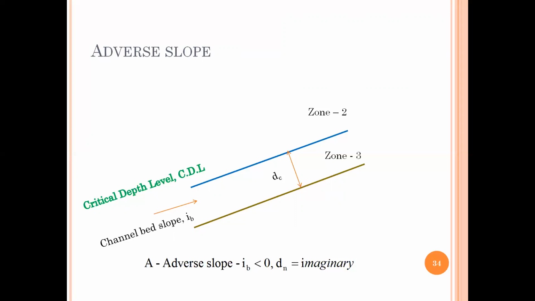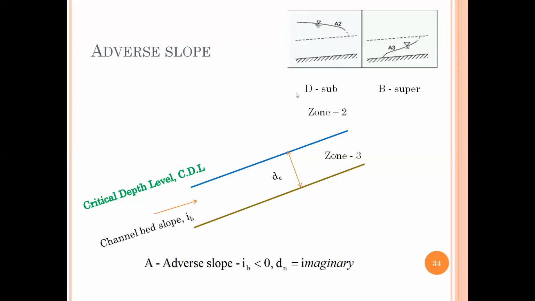So I've got only two zones here, that is zone 2 and zone 3. And the profiles look like this. It's a drawdown curve or profile, and the flow is subcritical flow. Now, when the depth is in zone 3, it is your backwater curve, that is, it is rising, and the type of flow is supercritical flow.